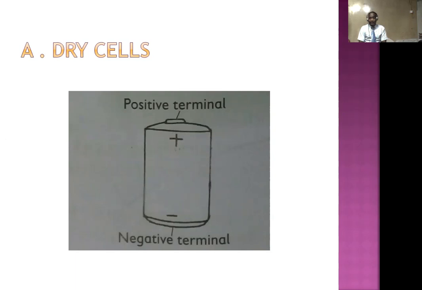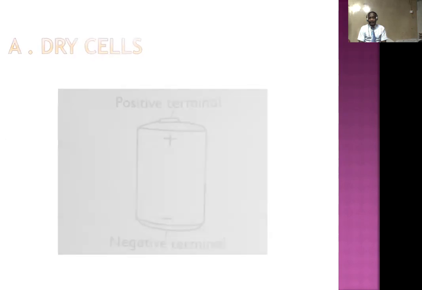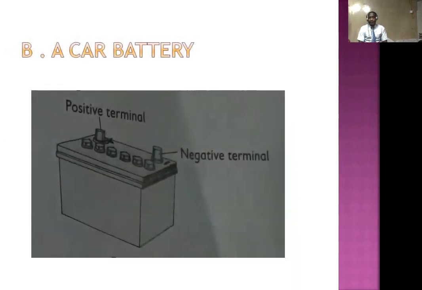Next is the car battery. A car battery is a special kind of battery that supplies large amounts of electricity. A car battery is used to run the electrical parts of a car, such as lights, heating, and starters.